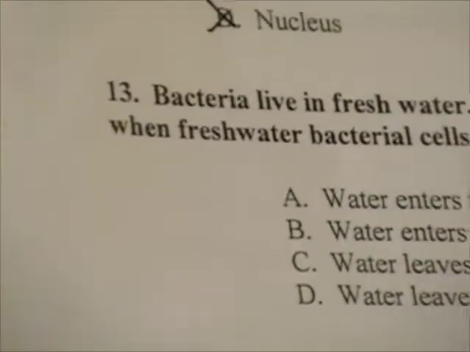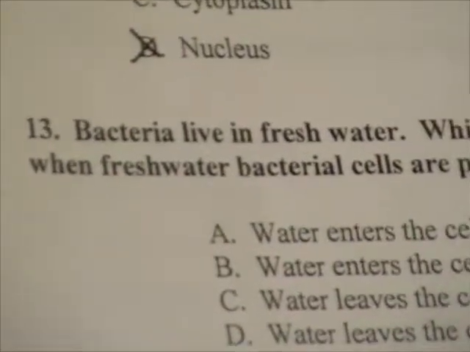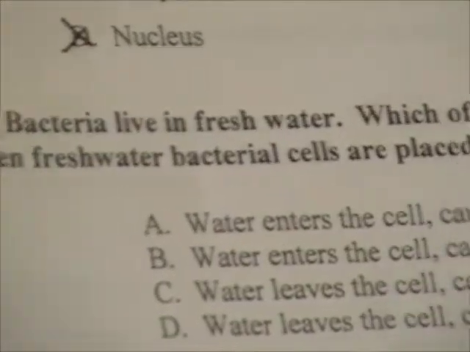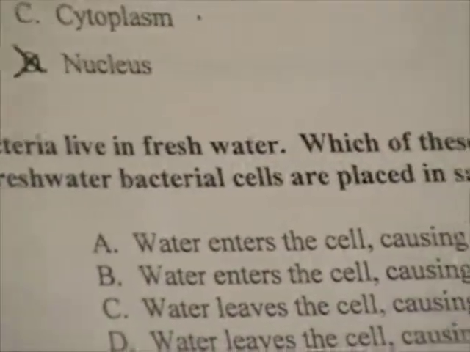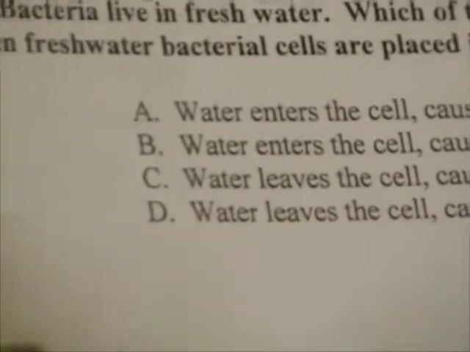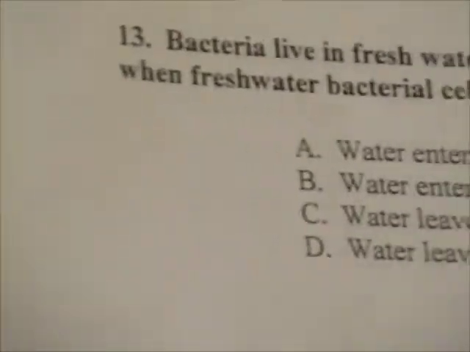13. Bacteria live in fresh water. Which of these statements best describes what will happen when freshwater bacteria cells are placed in salt water? So if bacteria live in fresh water, this one's tricky. Let's draw a picture.